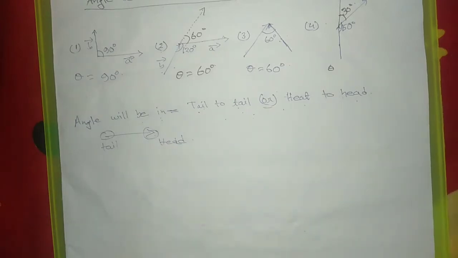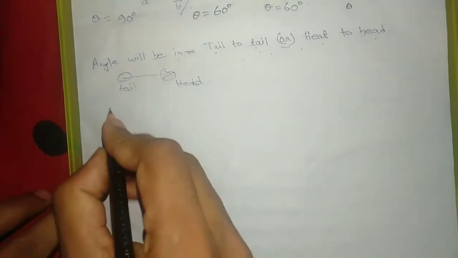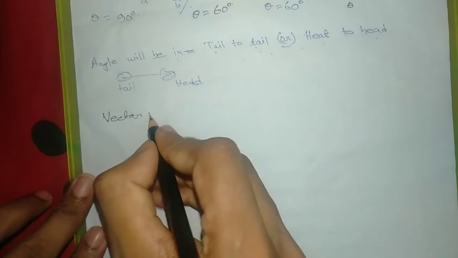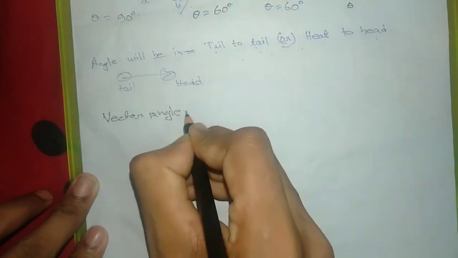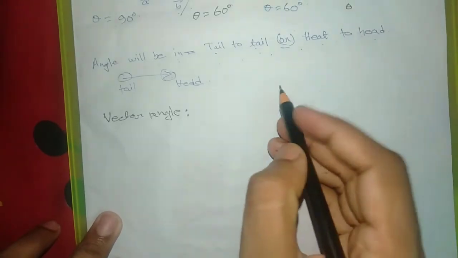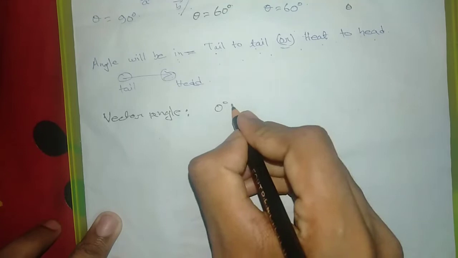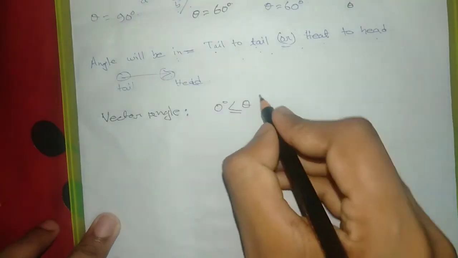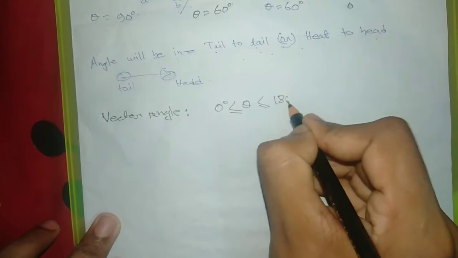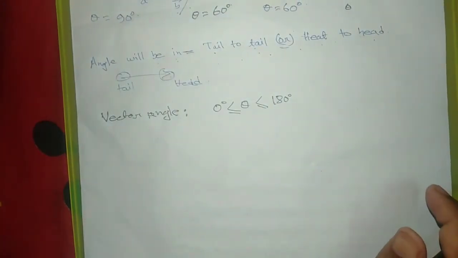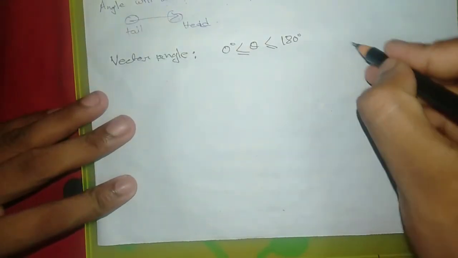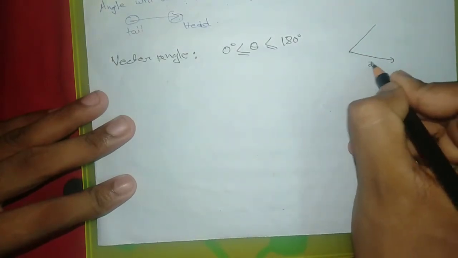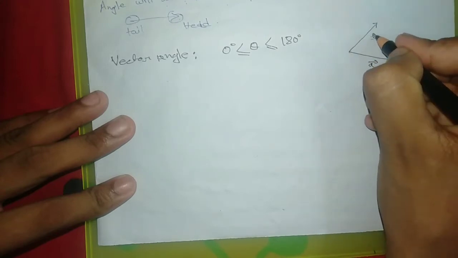Now I will tell you another important point. Okay, a vector, especially the vector angle theta, is always greater than or equal to 0 and less than or equal to 180 degrees. That means this is two vectors, a vector and this is b vector.